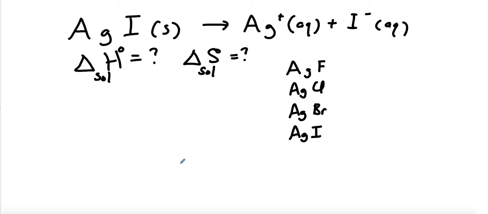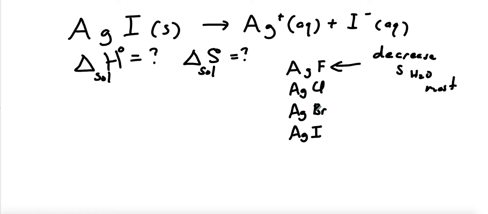But what about the entropy? Well, if we look at the entropy for this reaction, we see that, oh wait, we can do some trends. We can see that the silver fluoride is going to decrease the entropy of the water the most because it has the highest charge density. And why is that?